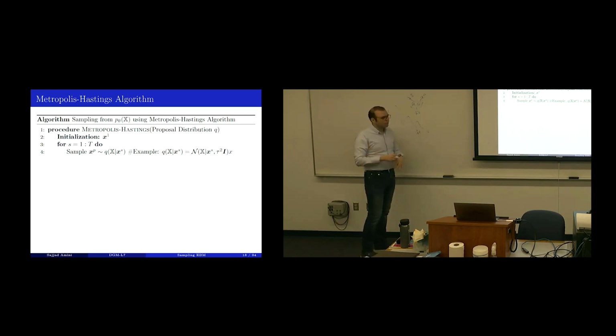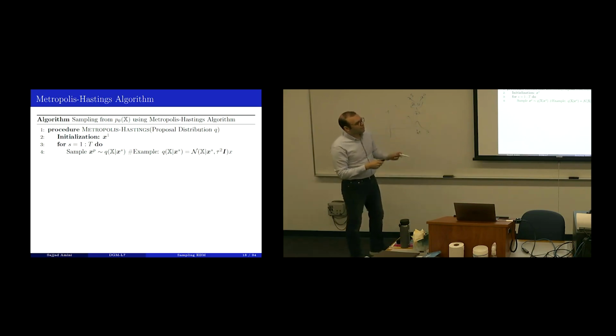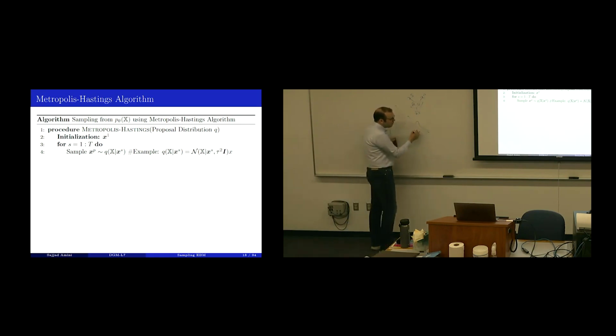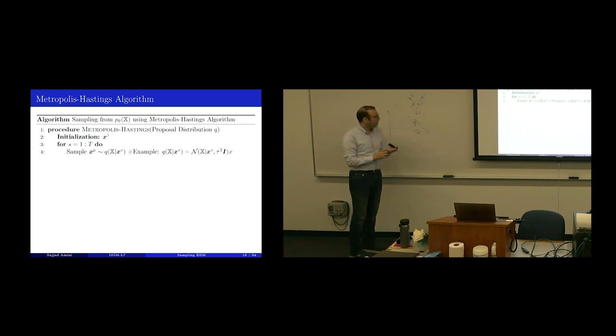There is no need to iterate or anything like that. You sample from this distribution, and we call it XP. This is the proposal. With a high probability it is again near X1, but it has some changes in comparison to X1. For example, X2 is here, assume. Sorry, this is XP. This is the proposed sample, okay?